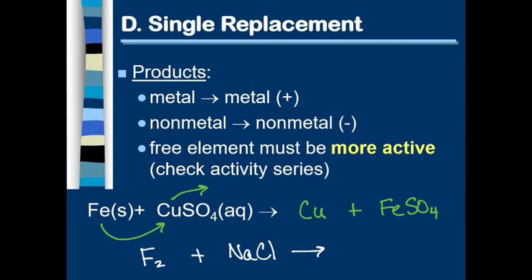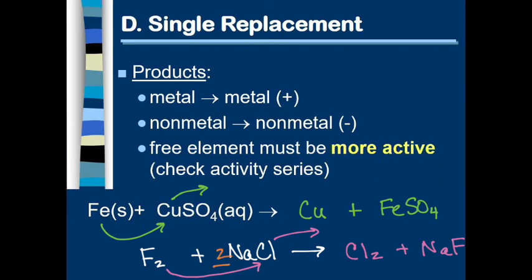So fluorine will come over. It will kick out chlorine. Chlorine will come over. That is Cl2. Chlorine is by itself, so it has to be in its diatomic state. And then the Na and the F get together. Well, sodium has a 1+ charge. F has a 1- charge. That is NaF. And then you would go back and balance this.